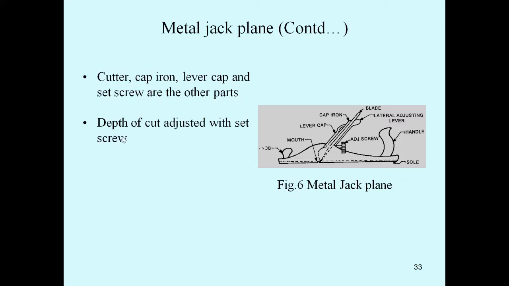The depth of cut is adjusted with the set screw. With the help of this adjustable screw, we can adjust the depth of cut. Next, the lever cap: the lever is used for lateral adjustment of the blade.